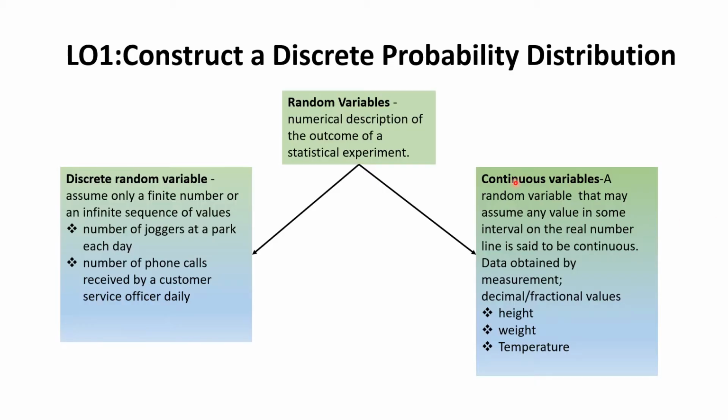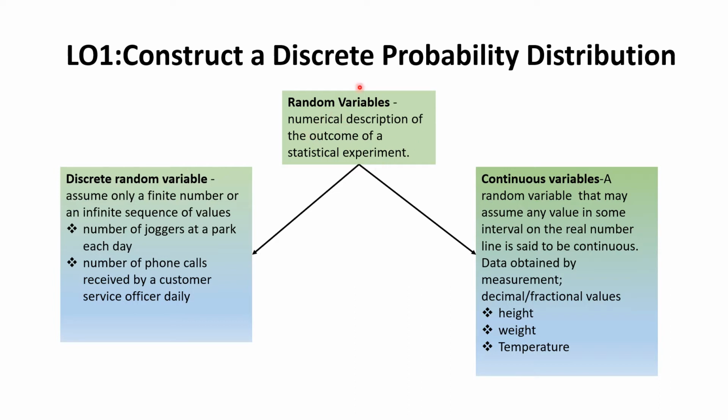Now we will focus on the first learning outcome, which is how to construct a discrete probability distribution. Before that, I would like to introduce to you what random variables are. Random variables are variables that have a numerical description of the outcome for any statistical experiment. So the keyword here is numerical.